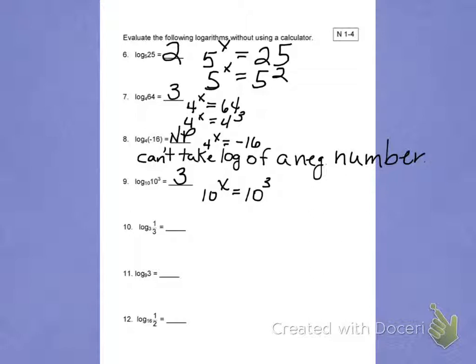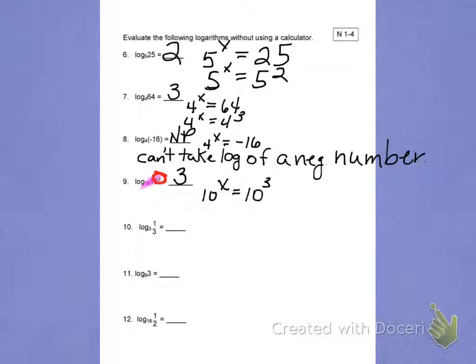All right, now what I want you to notice here is that these bases match. And if you have that, then it makes it an easy problem because your answer is this exponent right here. Okay, so if your bases match, all you have to do is write down your exponent. That holds true every time.